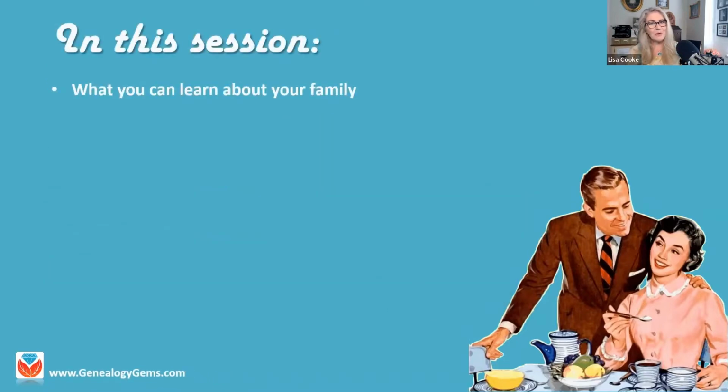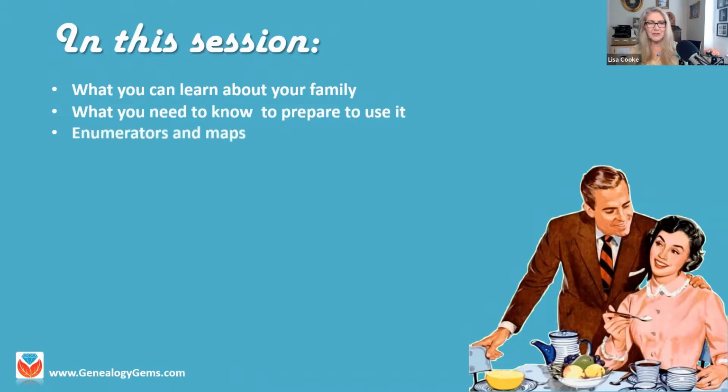In this session, we're going to talk about what you can learn about your family in the 1950 census and what you need to know in order to get the most out of it and prepare your search. We'll touch on some of the most important elements, such as who the enumerators were, what they did, how they did it, the maps that are available to you, and understanding the records like the enumerators did.